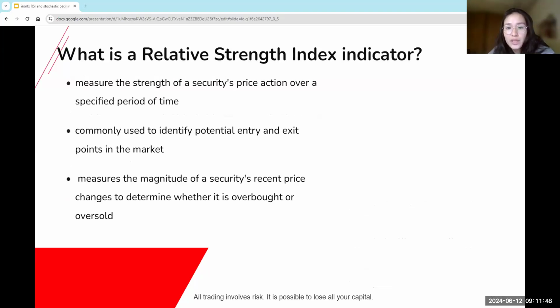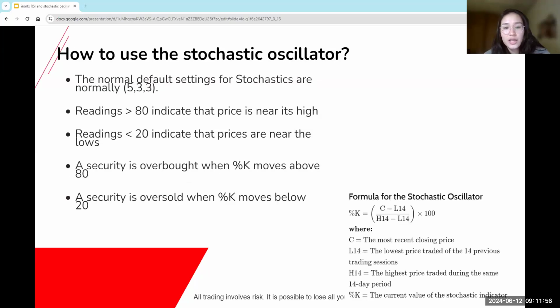Now let's talk a bit about its closely related cousin, the RSI. Oh, I also wanted to mention earlier that the stochastic oscillator is a momentum indicator, but it doesn't provide information about the direction of the trend.